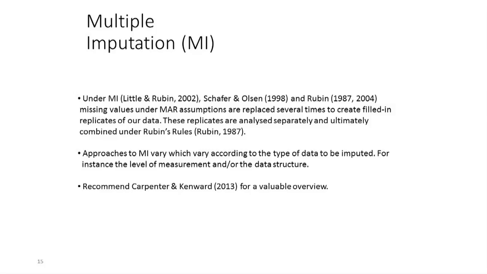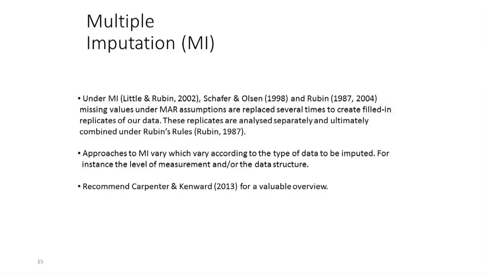Okay, so what if we want a belt and braces approach and apply multiple imputation to these data? Our multiple imputation techniques all depend on missing at random, and typically you generate several replications of filled-in data, and the parameter estimates are obtained by averaging across the replications of your analyses.